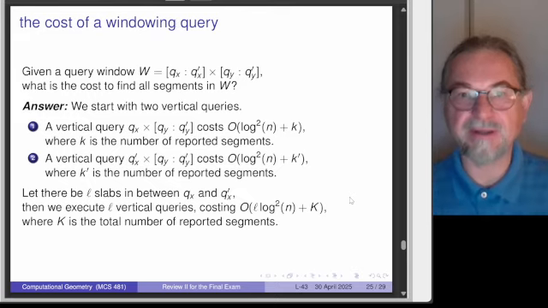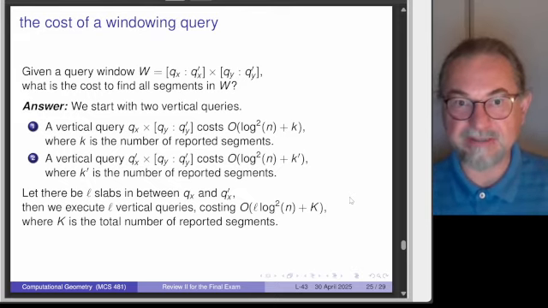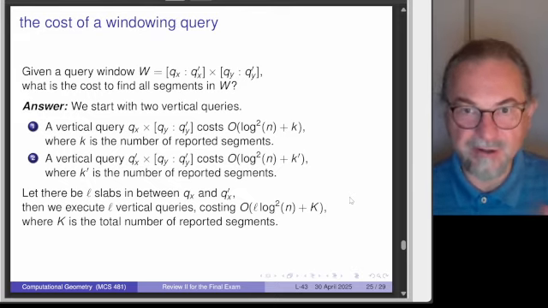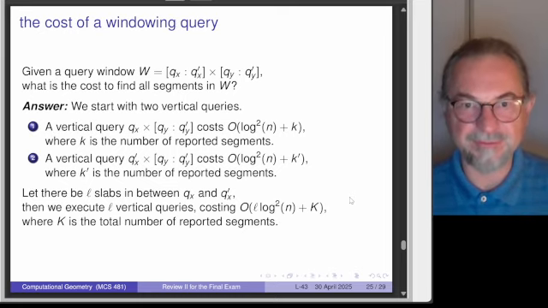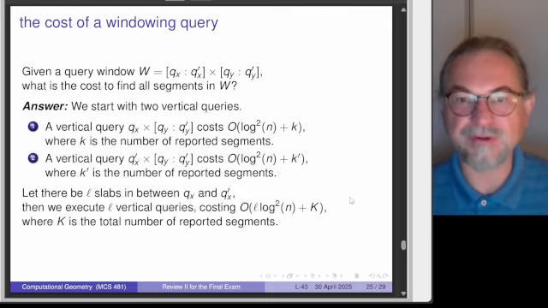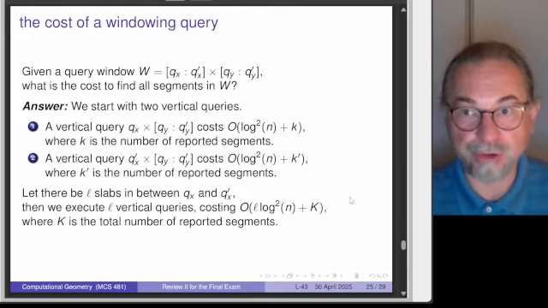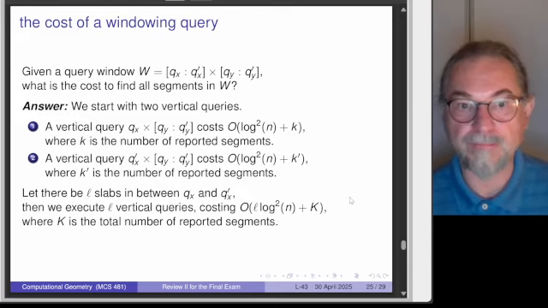The theorem states that if you do two binary searches, so the vertical queries, if you do this also for the y coordinates, it's going to be quadratic in the logarithm of the total number of line segments, and it also is proportional to the number of reported segments.